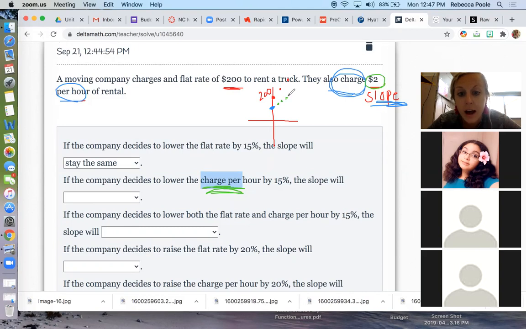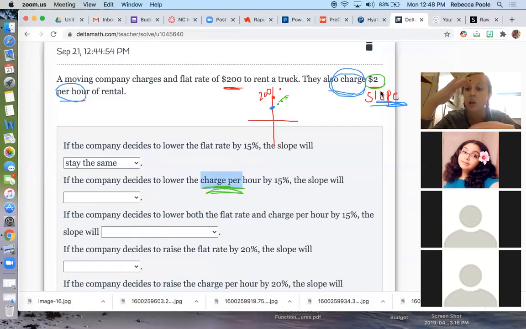Look at this line. Am I changing the slope now? Yes. What was the slope originally? 200. No, slope, not the base. My bad. 2. The slope was 2. If we lower the charge, we're lowering the slope.